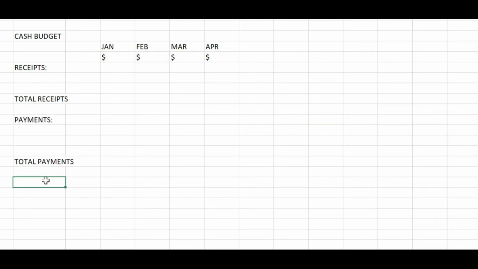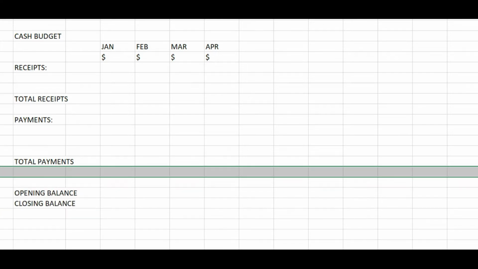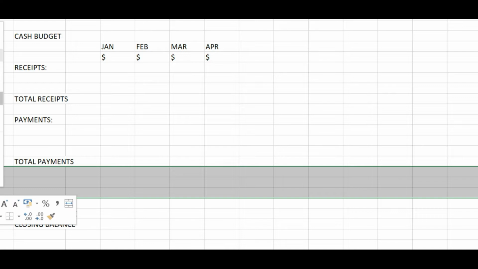Then we'll have an opening balance, or you can just write balance b/d, and then we have a closing balance. But in the middle we have surplus or deficit. Let's give a bit of space here because we have 3 different scenarios.